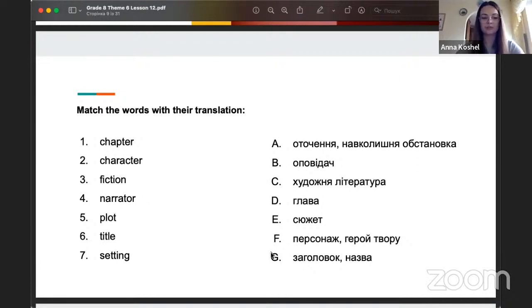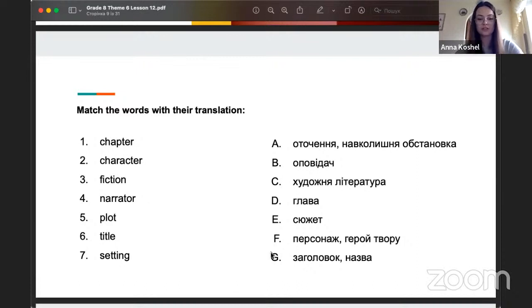1, chapter. 2, character. 3, fiction. 4, narrator. 5, plot. 6, title. 7, setting. And translation. A. Оточення, навколишня обстановка.